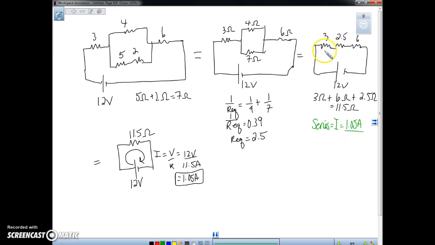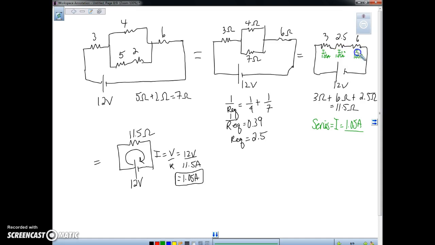Which means each of these, I, is equal to 1.05. This is I for each location.